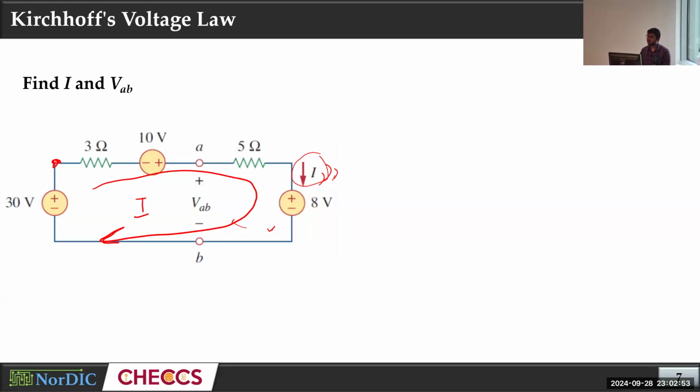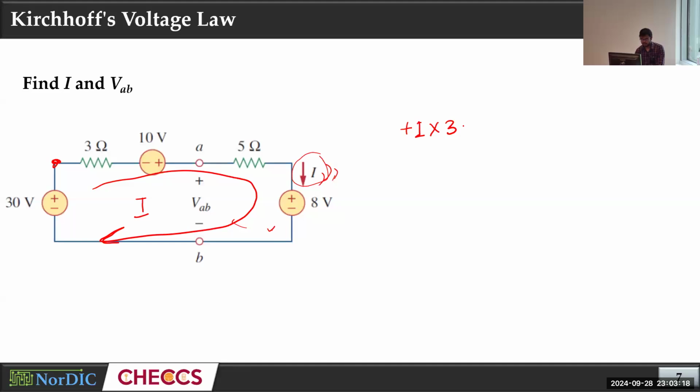You can start from anywhere, but you will end up with the same equation. Just some elements before, some elements after, but the equation will be the same. So if we start from here, what we first see is the 3 ohm resistor, and since we are going in the direction of the current flow, it should be plus I times 3, right?